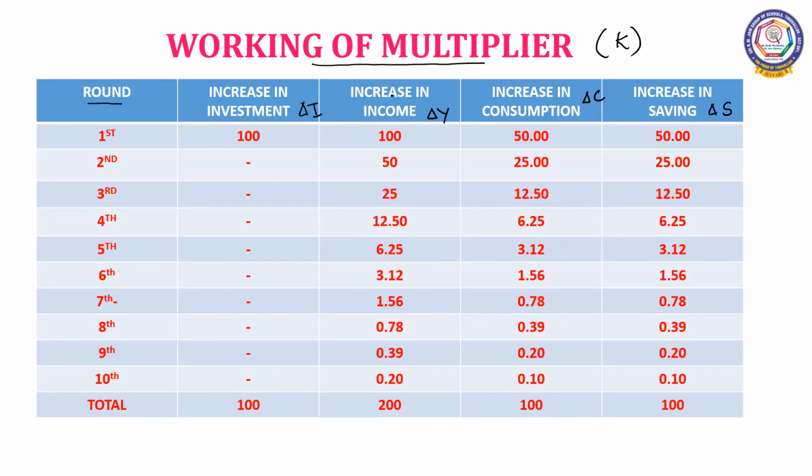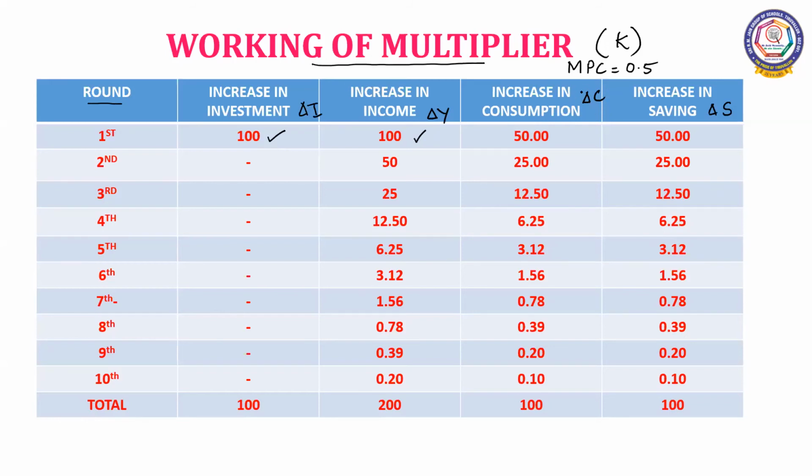Let us now know the process of multiplier. We assume that MPC, that is marginal propensity to consume, is 0.5. And the initial investment made is rupees 100 crores. As a result of the initial investment by 100 crores, there is an increase in income by 100 crores. And now we need to calculate the change in consumption.